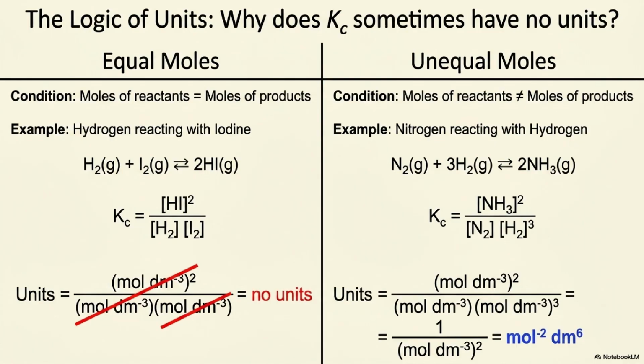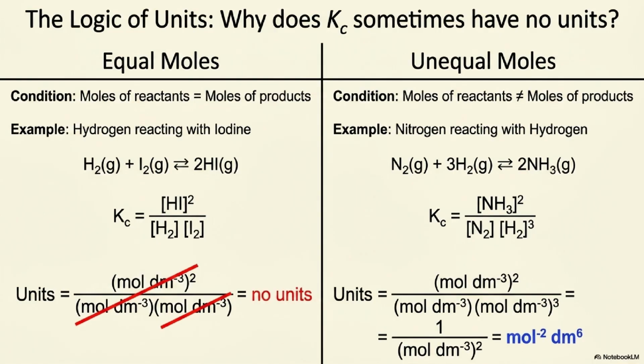So a mole per cubic decimeter times a mole per cubic decimeter. And anything multiplied by itself becomes squared, so the denominator is also moles per cubic decimeter squared. Oh, so you have the exact same dimensional block on the top and the bottom of the fraction. Just like dividing 10 by 10 gives you 1, these units perfectly cancel each other out of existence. Leaving us with just 80, a pure unitless number.